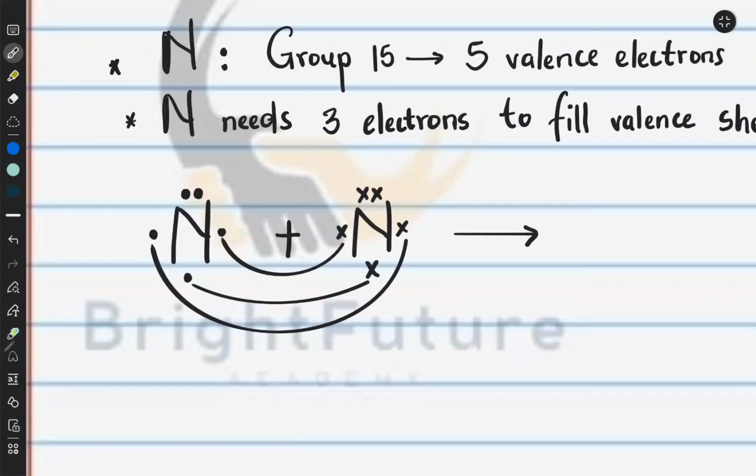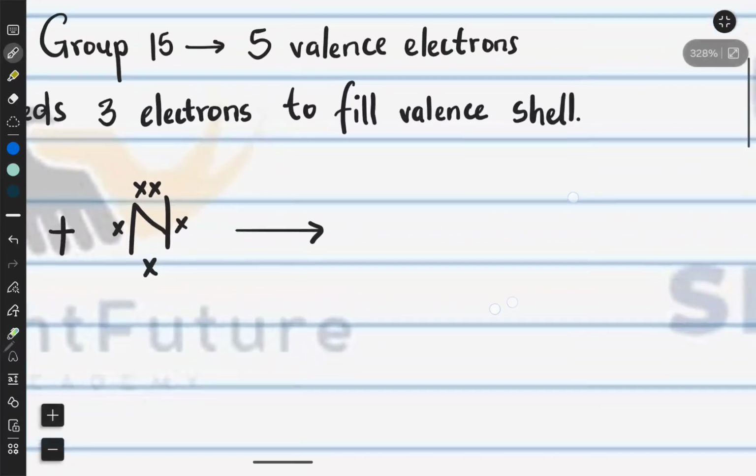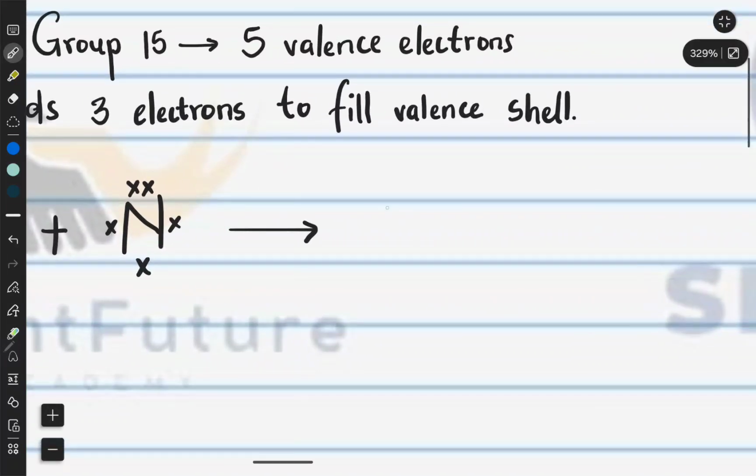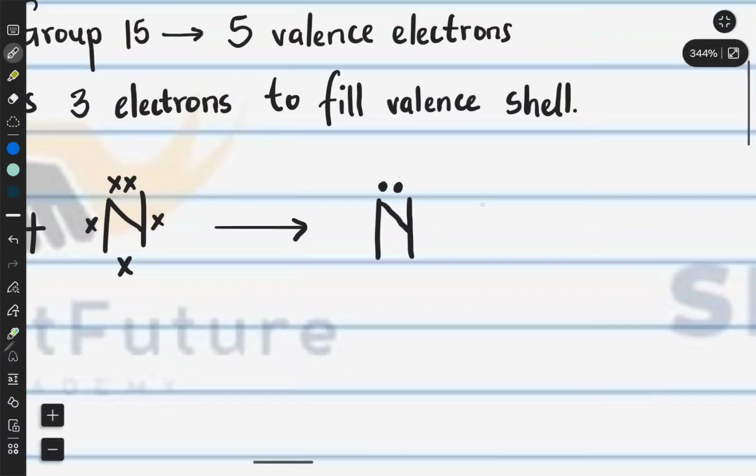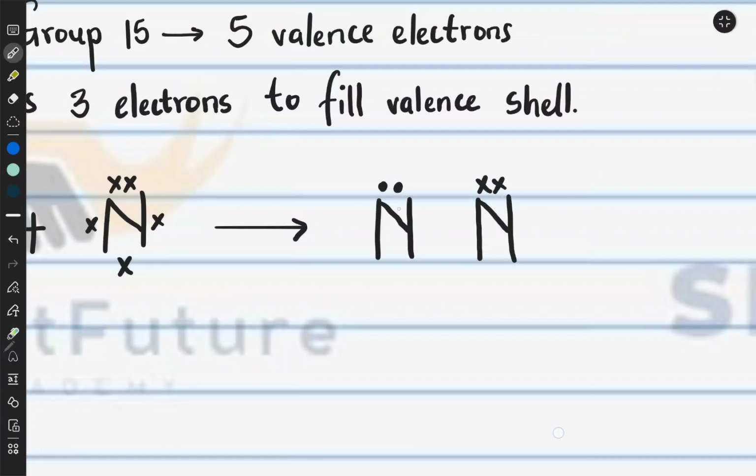So you'll have 3 bonding pairs here. This means you'll have a triple bond. So let's draw it. The first nitrogen will be there. We'll have our lone pair here at the top, right? The other nitrogen will be there. You'll have our lone pair here at the top.